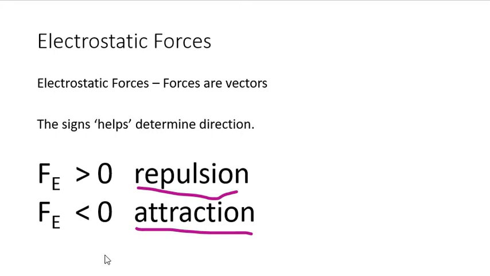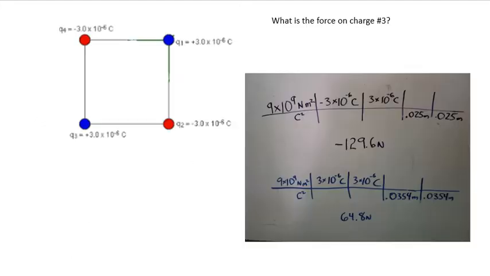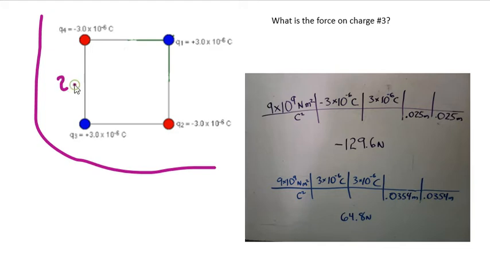Let's do an example. I know I've got the math right there, but here I have a square. Each side of the square is 2.5 centimeters. Draw that in. So I have 4 charges, and they are all spaced out in this square pattern. 2.5 here, 2.5 here, 2.5 here, 2.5 here.